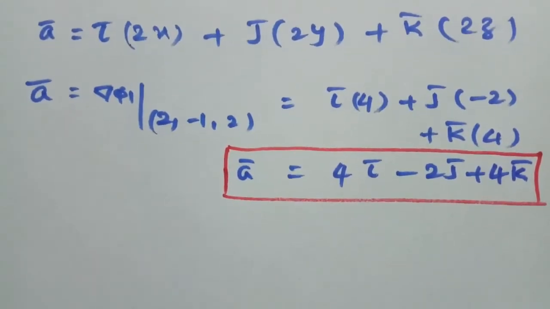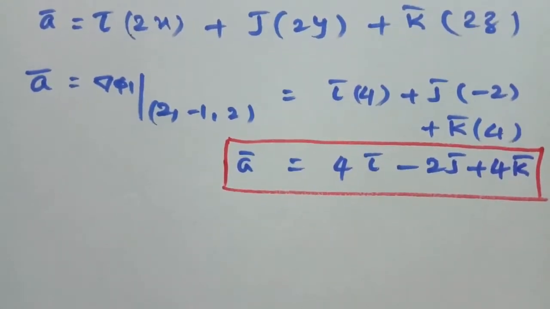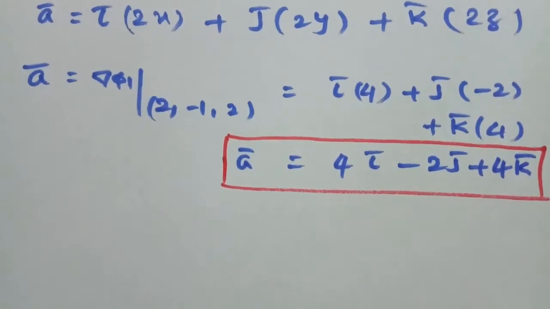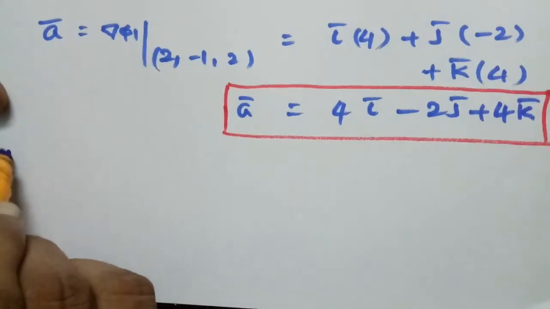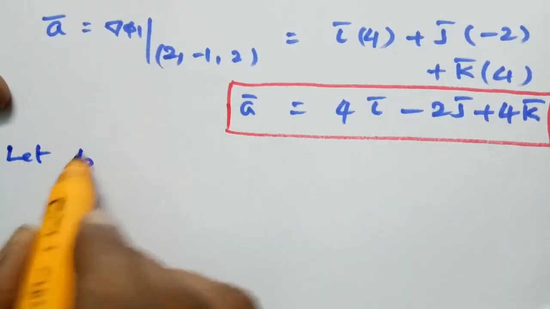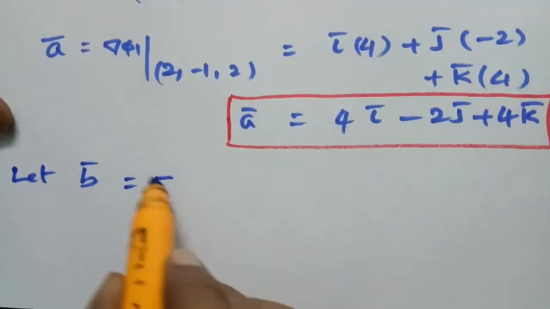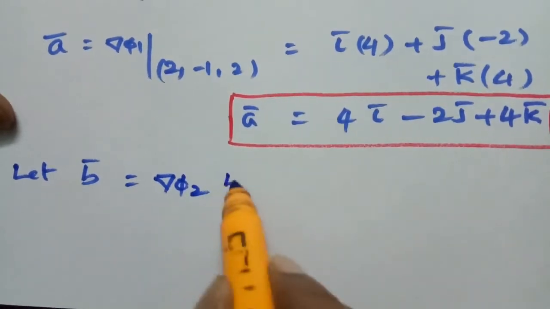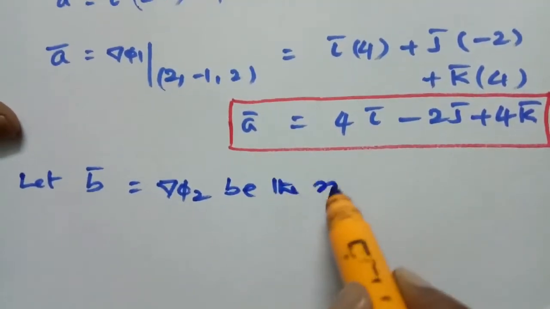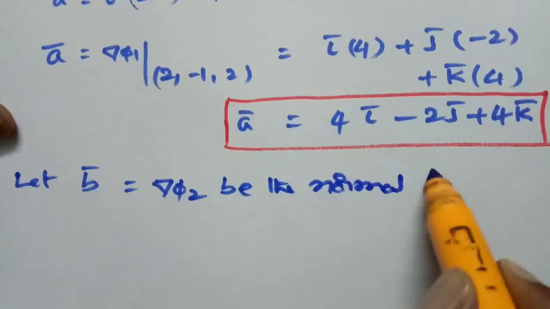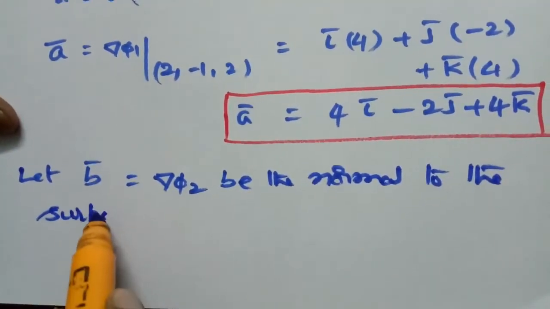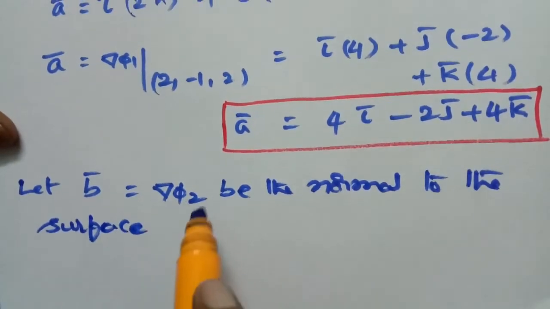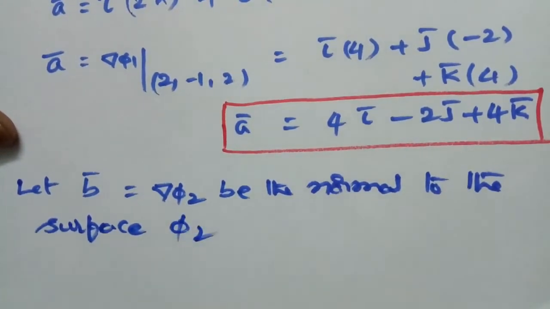Now we can find the normal to the other surface phi 2. Let us assume that it is b bar. Let b bar is equal to del phi 2 be the normal to the surface phi 2.